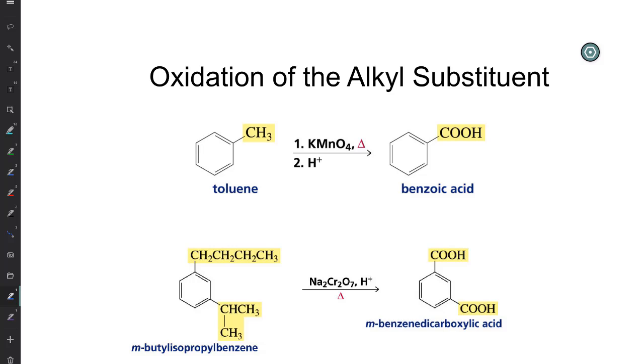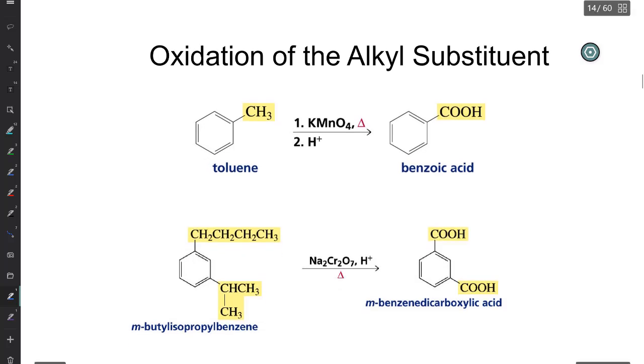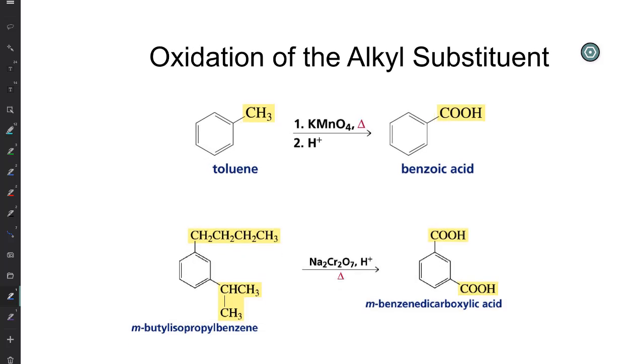The oxidation of alkyl substituents is relatively straightforward. If you want to go to a carboxylic acid, you can use, for example, potassium permanganate, which is a strong oxidizing agent, or sodium dichromate, or chromic acid, for example, in heat.